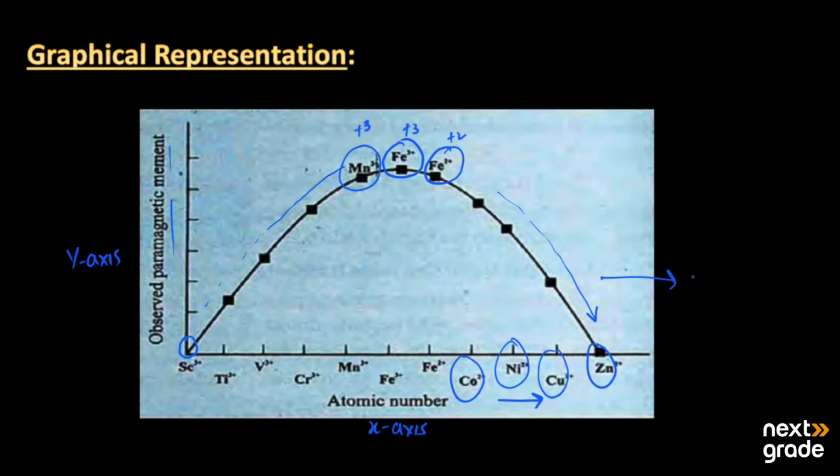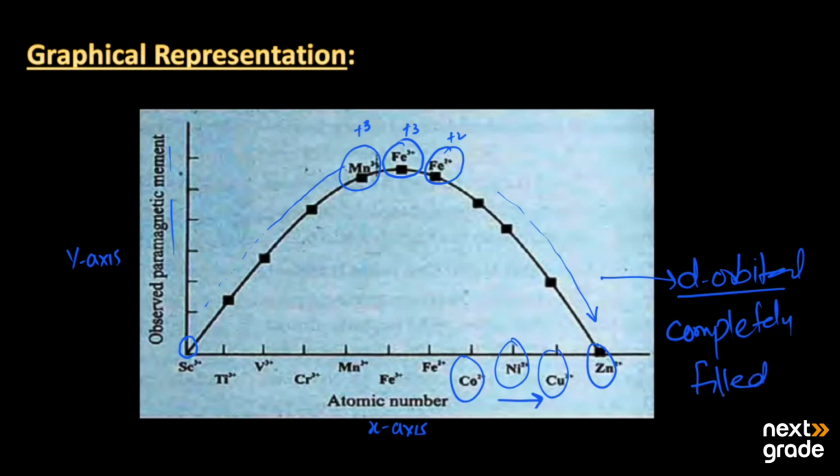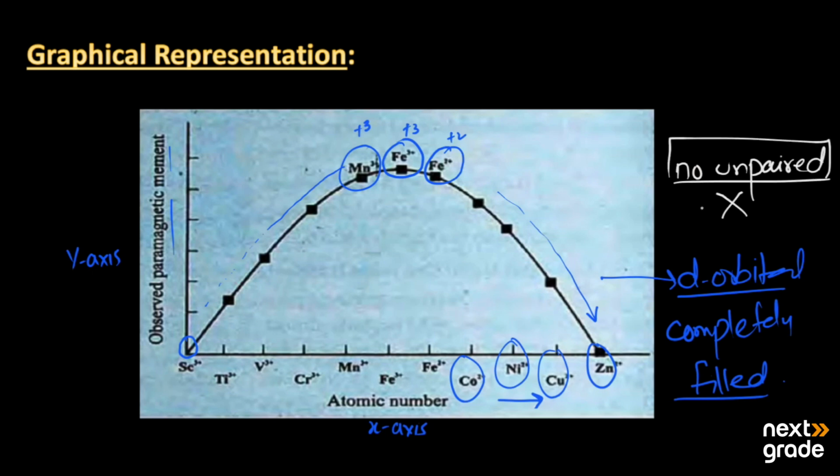Because here the d orbitals of zinc are completely filled. That's why its paramagnetic behavior is not present, because if any substance has filled d orbitals, or no unpaired electron in its subshells, then it will not have paramagnetic behavior.